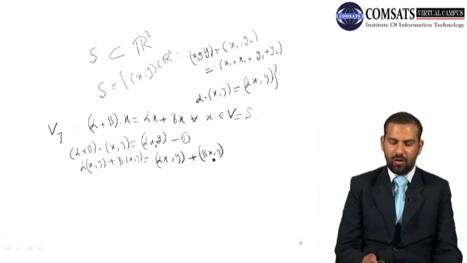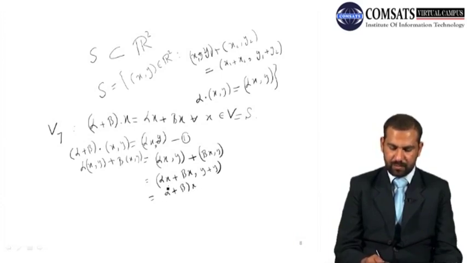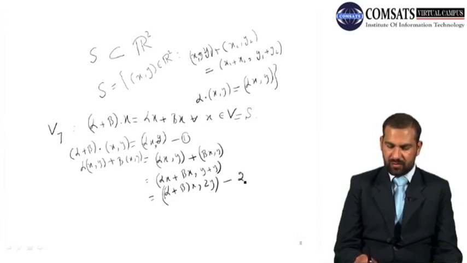And you know how we define the addition, as above, so we obtain (alpha x plus beta x, y plus y), which is equal to ((alpha plus beta) x, 2y), which is equation number 2.